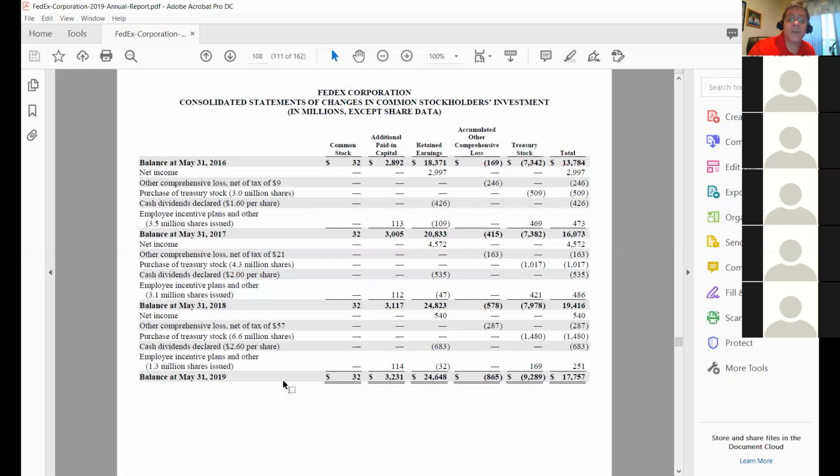So yes, once in a while you'll get that muddied up by something that's other, but the general idea is if you sell it for more than you paid for the treasury stock, then you're going to make additional paid-in capital go up. If you sell it for less than you bought it for in treasury stock, then it would go down.